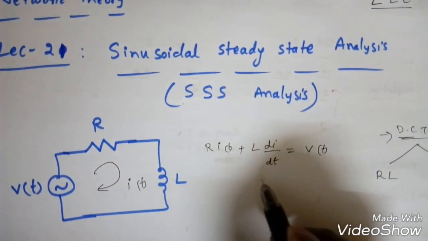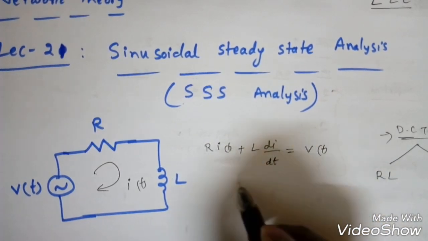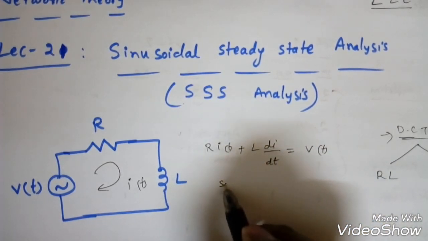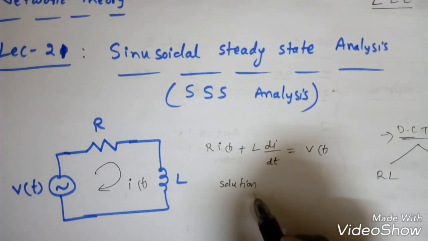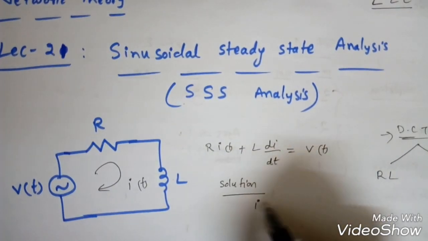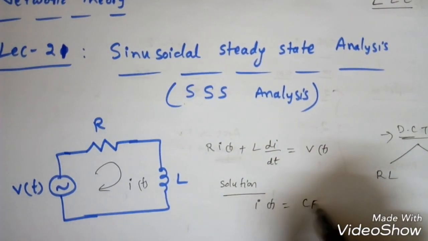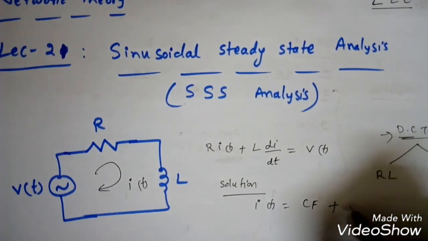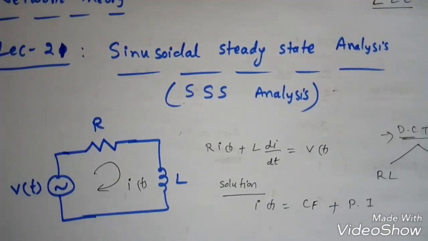So the solution will be i(t) equal to the complementary function, or complementary solution, plus the particular integral.